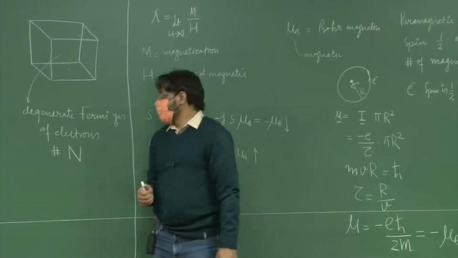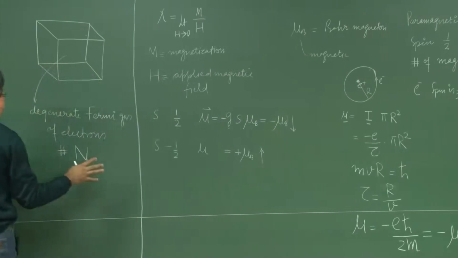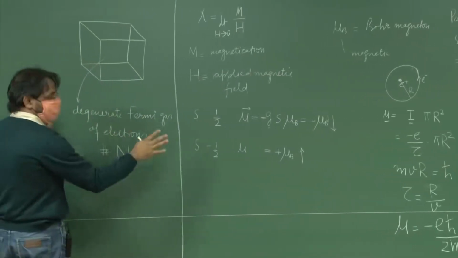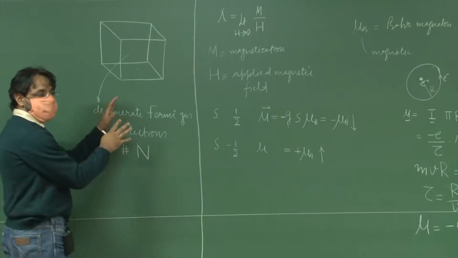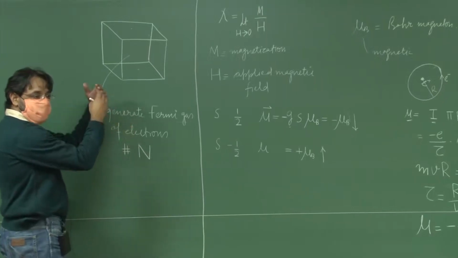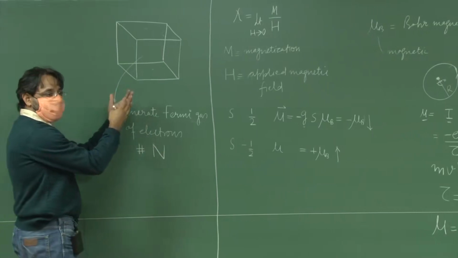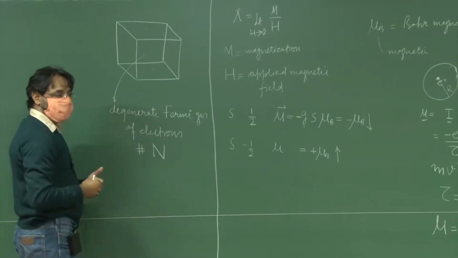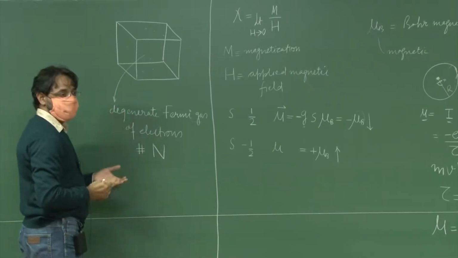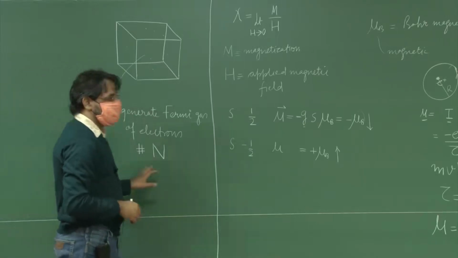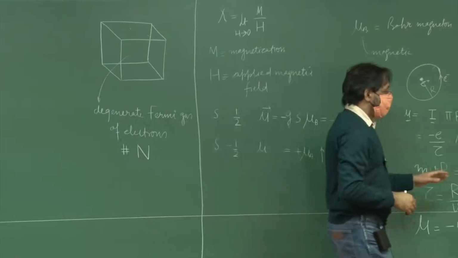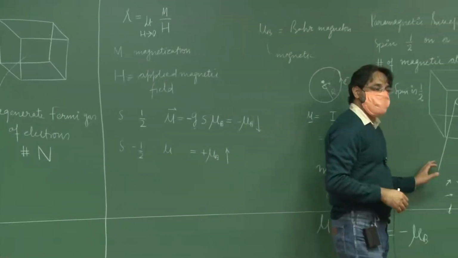Now, here also, in the absence of any applied external magnetic field, the net magnetization should be 0, because there are as many spin up particles as there are spin down particles. So, the total magnetic moment has to be 0. For both the systems, the magnetization is 0 in the absence of a magnetic field.